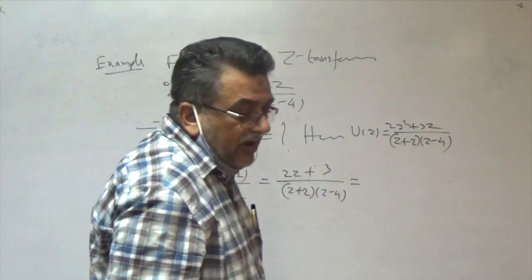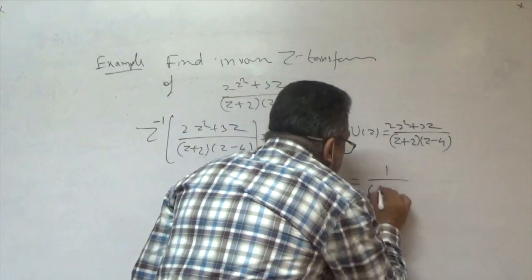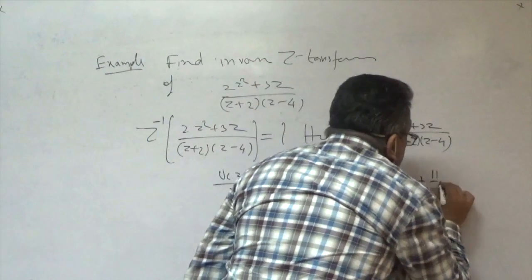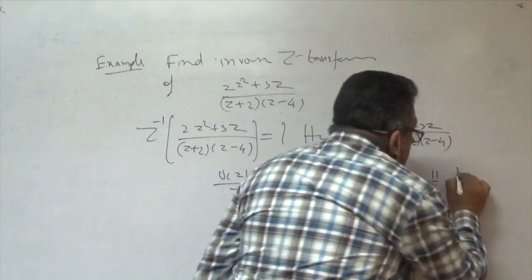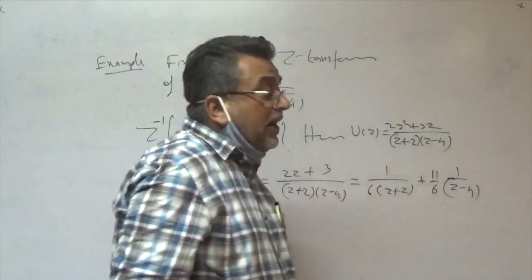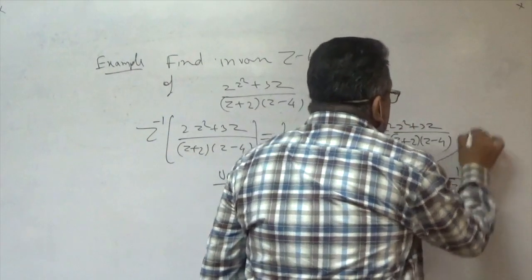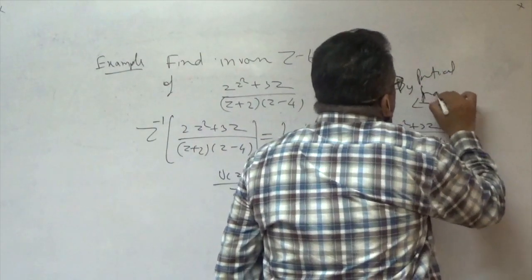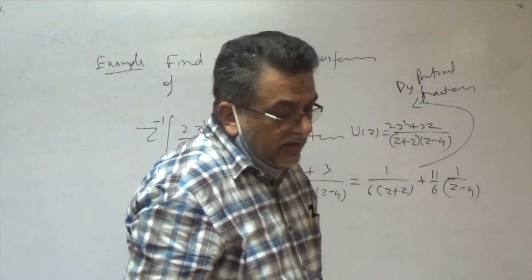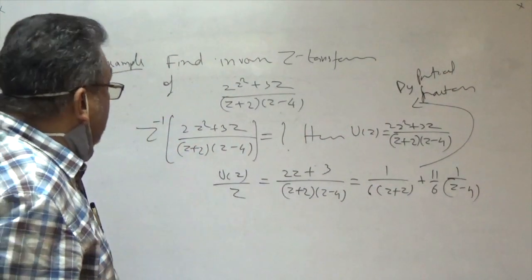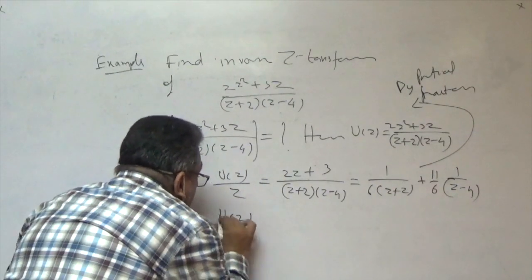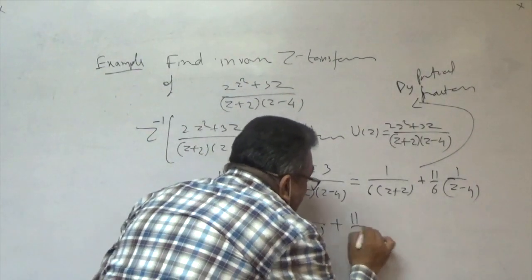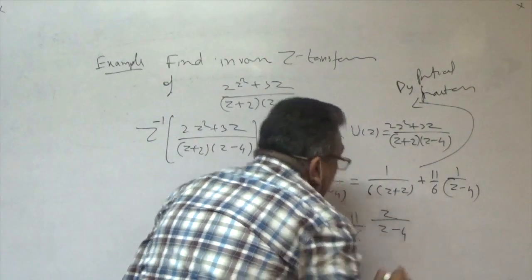Right? And by partial fractions, you write this as 1 upon 6, 1 upon z plus 2, plus 11 by 6, 1 upon z minus 4. By partial fractions you can separate it like this, and now transferring z to the right hand side, it becomes z upon 6 times z plus 2, plus 11 by 6 times z upon z minus 4.